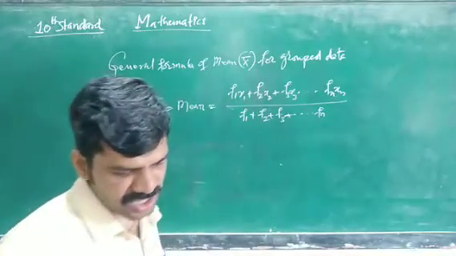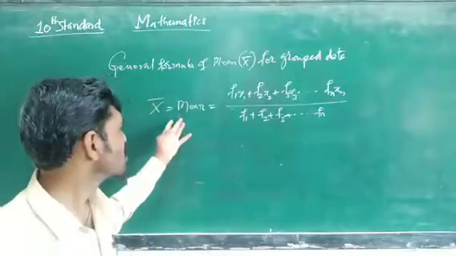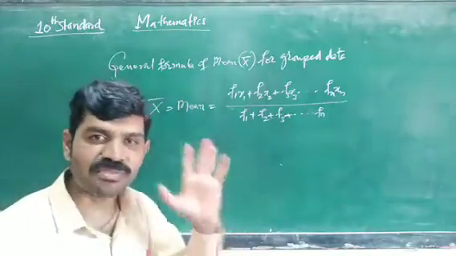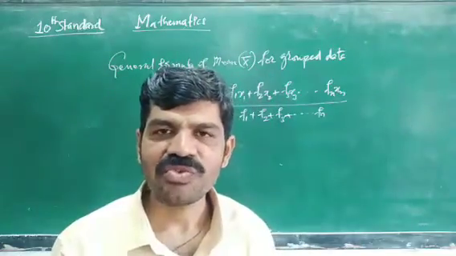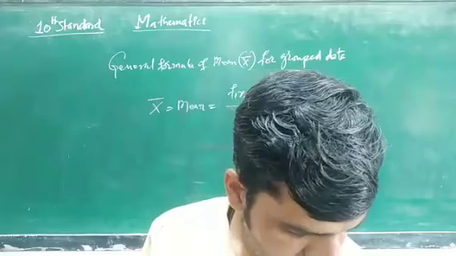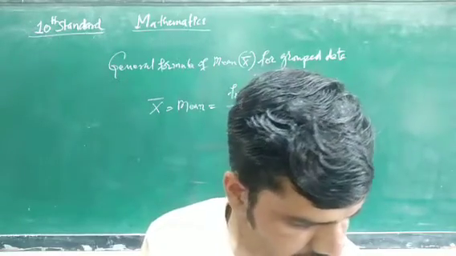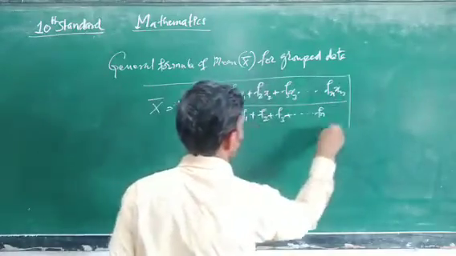So this is the general formula of the mean of the grouped data. You just remember it. If we solve some of the problems, we will come to know the value of this formula. So write it down.